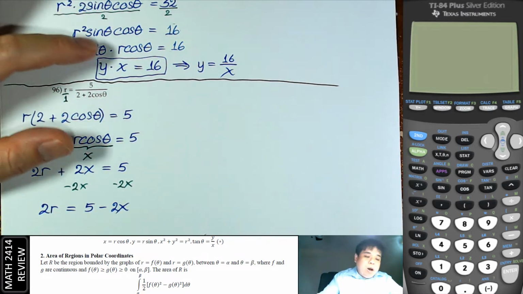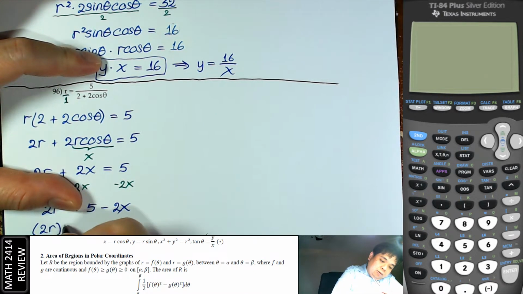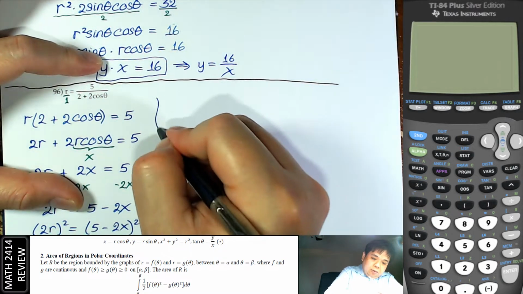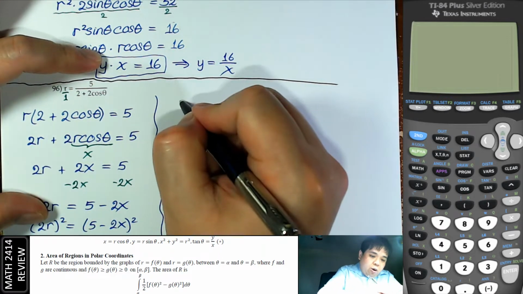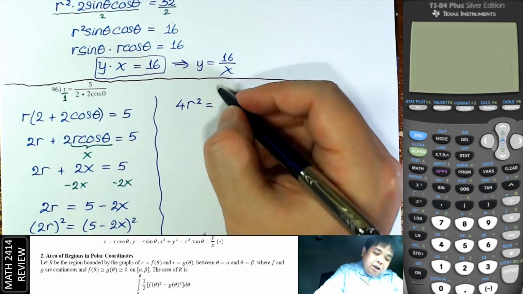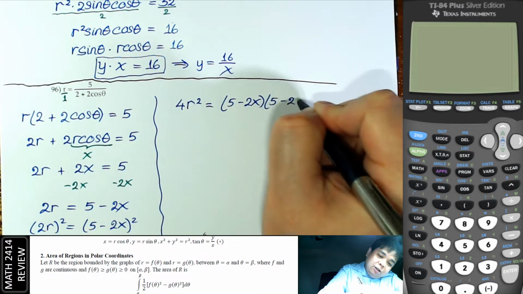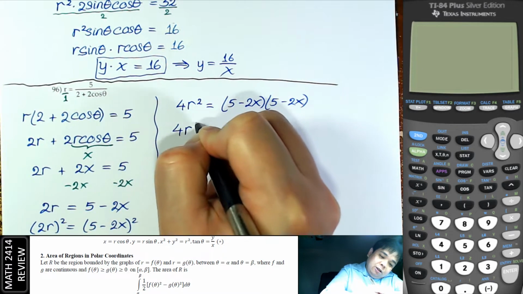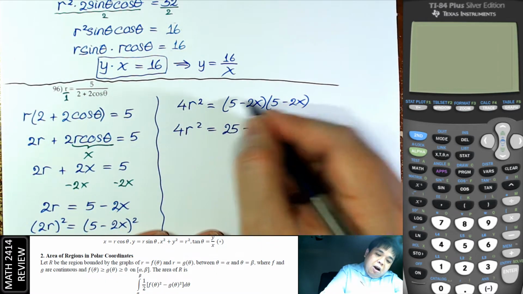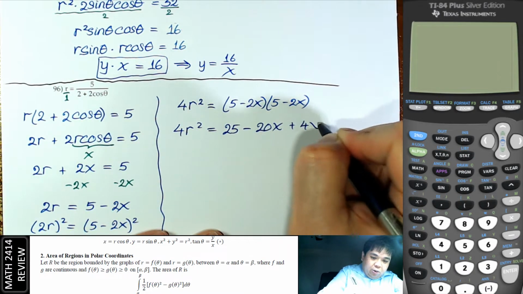And then we square both sides. That gives us 4r squared equal to 5 minus 2x squared, which is 25 minus 10x minus 10x plus 4x squared.